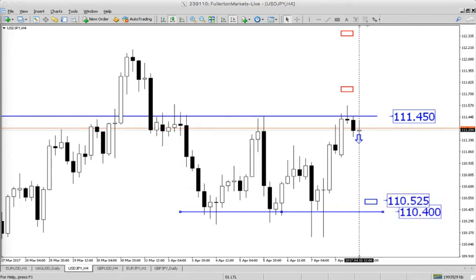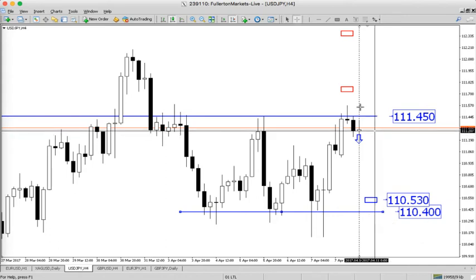Let's say 110.53. If I put my target at 110.53, it means the price has to go lower to 110.51 maybe to cover the spread before it can trigger my profit target. So by then it is already very close to the support.